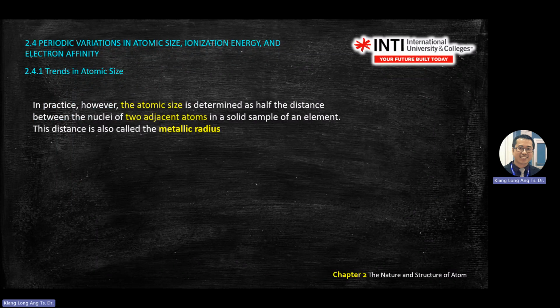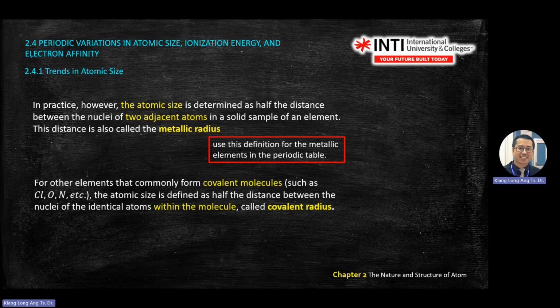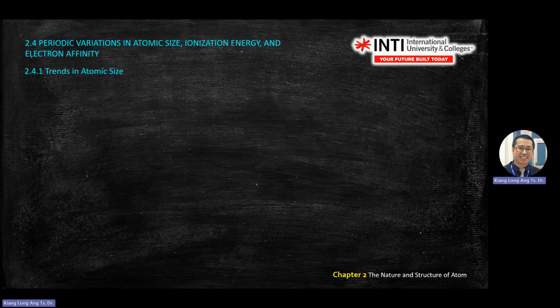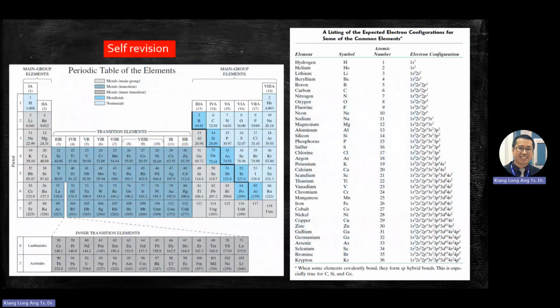Size of atomic, this one you read. Metallic radius means the metal component. In the periodic table, it's already labelled for you which ones are metals and what kind of metals they are. So all those colored ones are metals. The non-metals are another color.